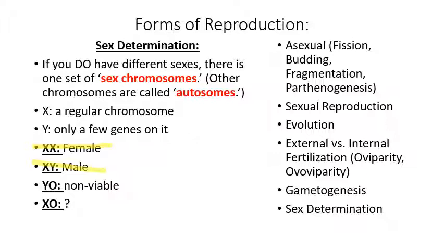Right, so you're supposed to have one copy of each chromosome. If there's a mistake, you actually have two in an egg or in a sperm.